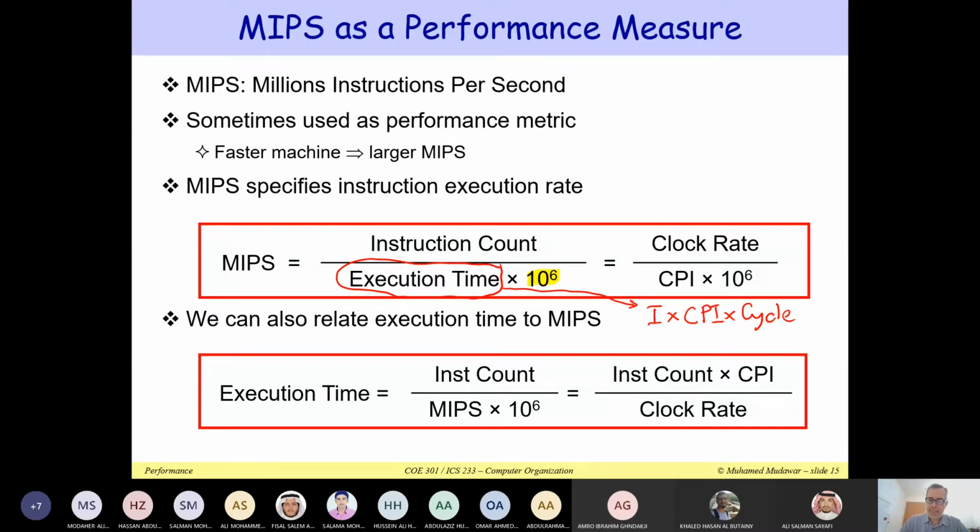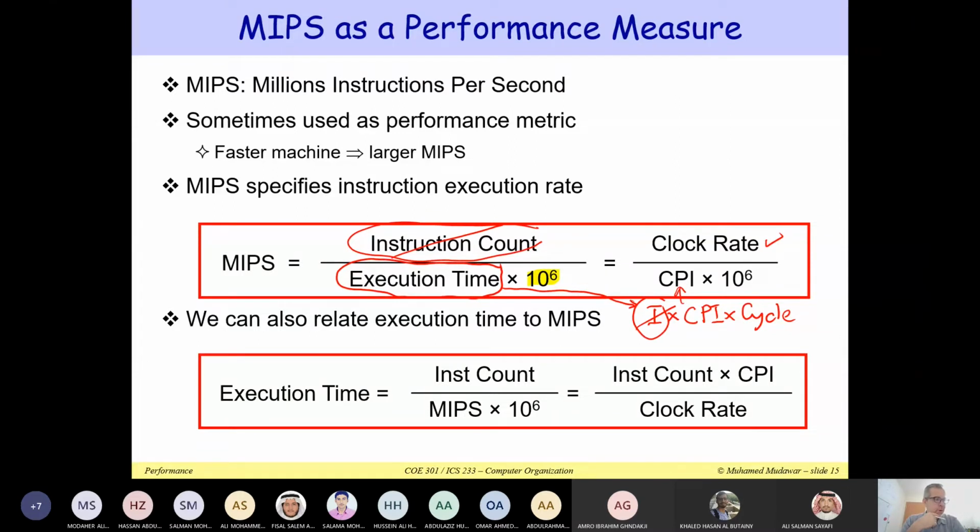You agree? But this I is the instruction count, so the I in the numerator and the I divided here will cancel each other, and the CPI appears here. Now, 1 over the clock cycle is nothing but the clock rate. So this is basically another equation for the MIPS rate.